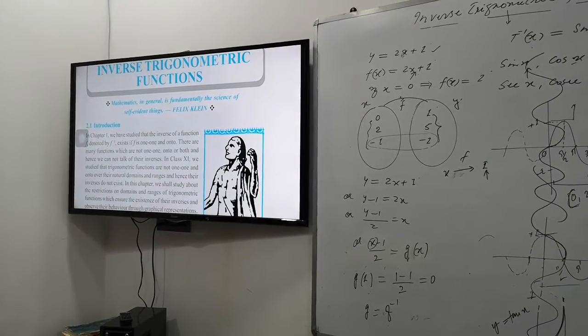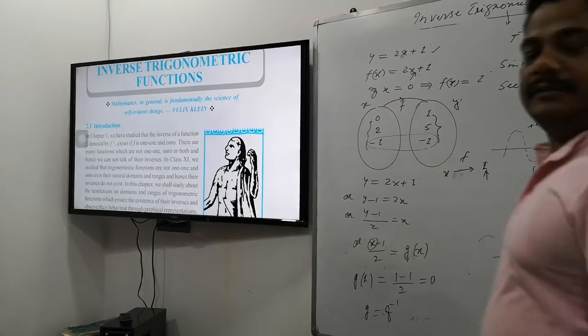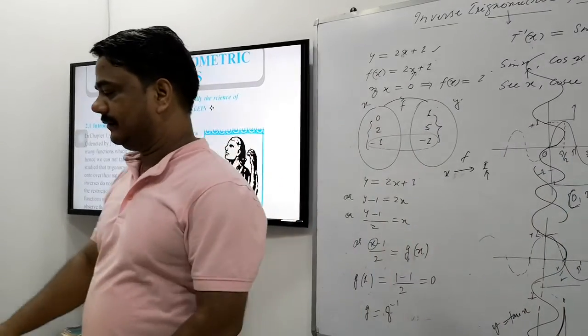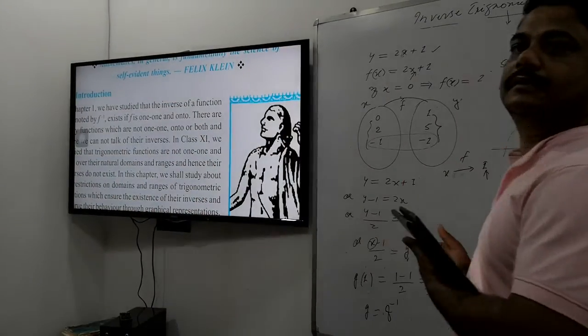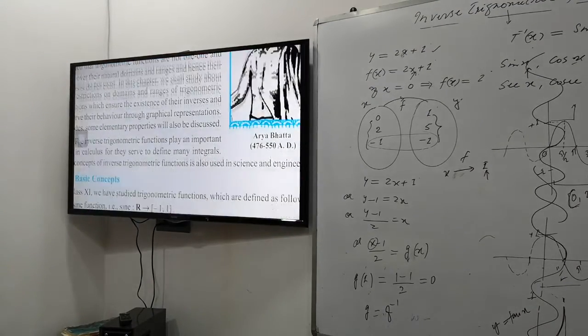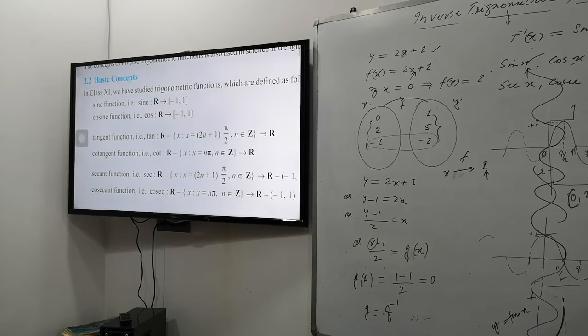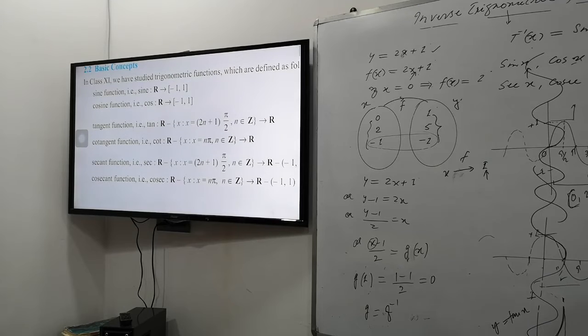Can you see this or not? Have a look. First is the range: the sine function is given from R to minus 1 to plus 1. Do you remember the other functions? The tangent function is from real numbers excluding odd multiples of pi by 2, so it is defined except at odd multiples of pi by 2.